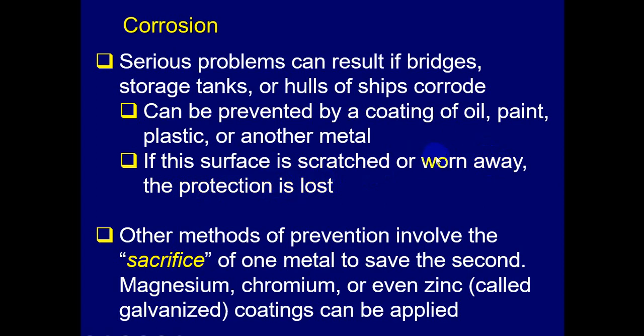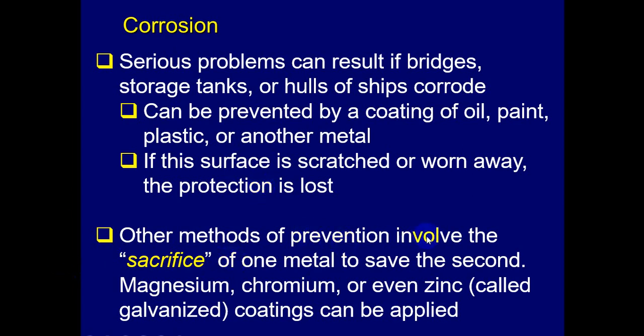So make sure that if you paint a metal, or you see those big bridges, most of the time they paint and repaint it again, so that it will not lose its protection, so that it will not cause the original metal or the iron to corrode.